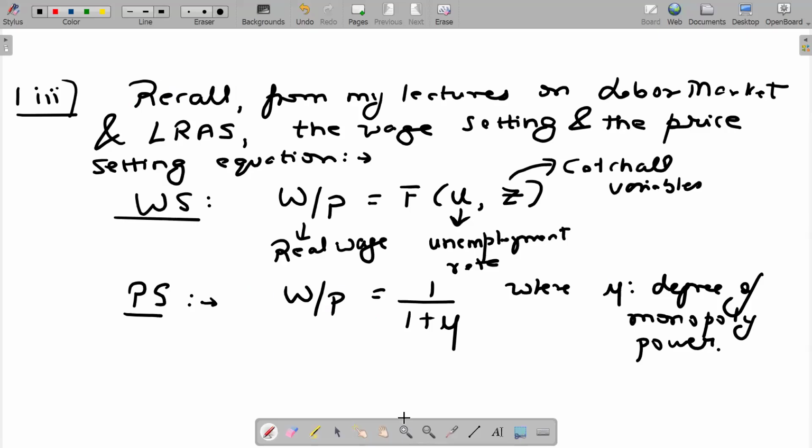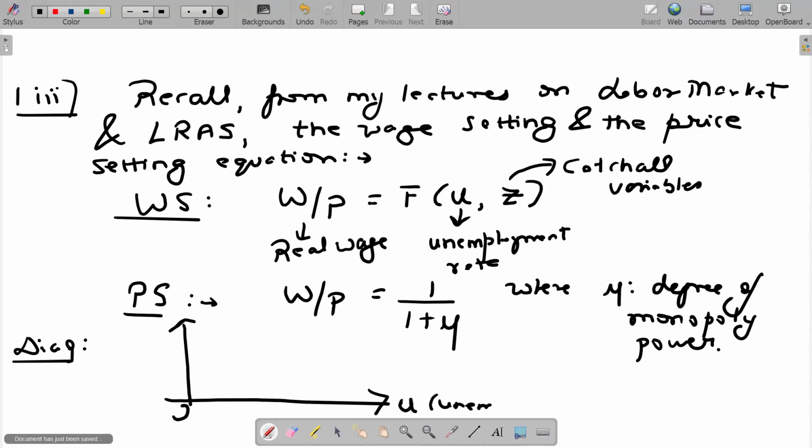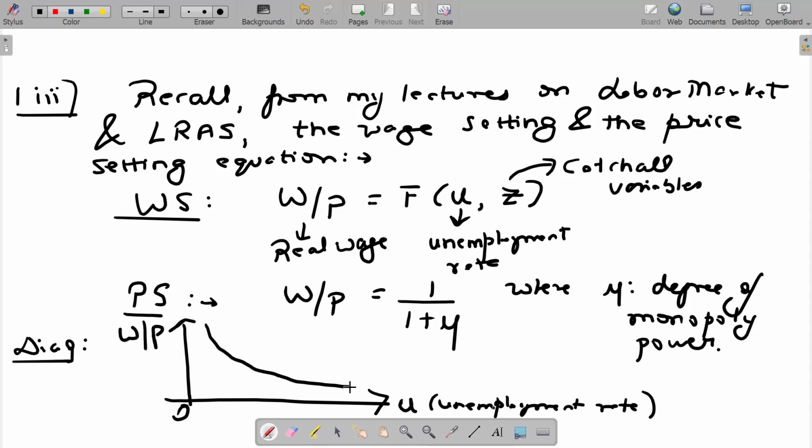So if I first of all also plot the diagram for wage setting and price setting, this is my unemployment rate U, and this is my real wage W by P. This is my wage setting equation, which shows an inverse relationship between real wage and unemployment.